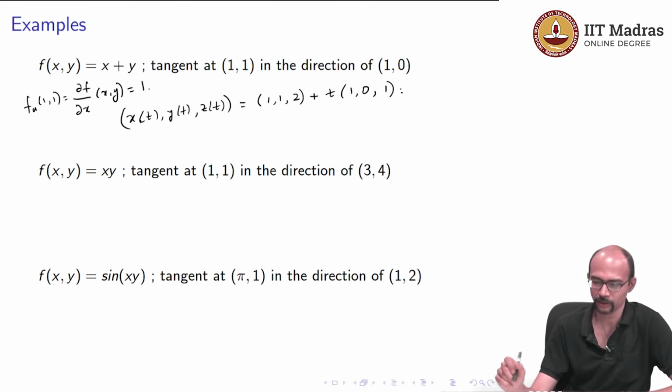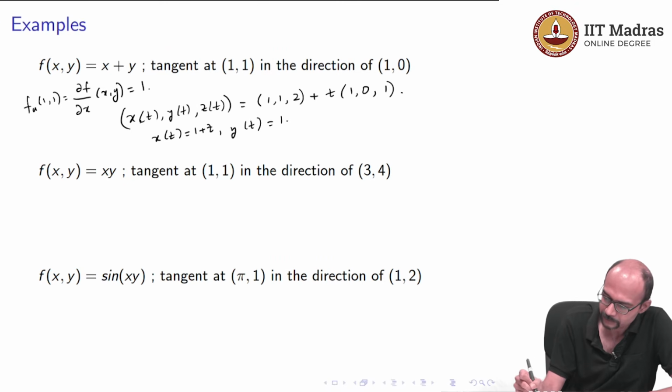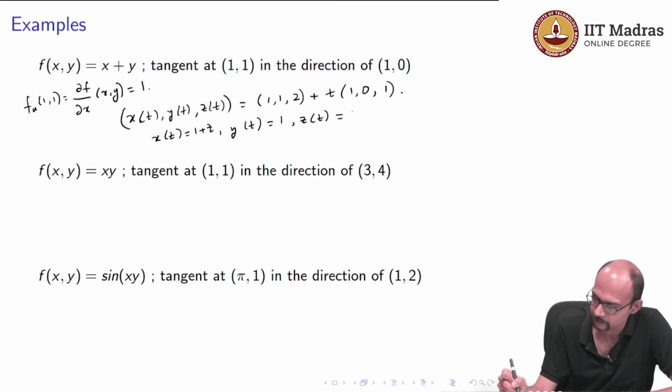So, this is what we get. The other way of writing this is to say that x(t) is 1 + t, y(t) is 1, and z(t) is 2 + t.